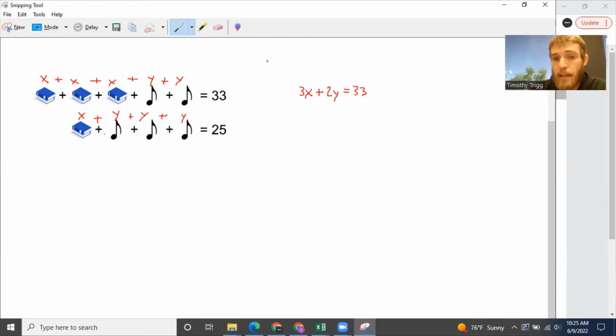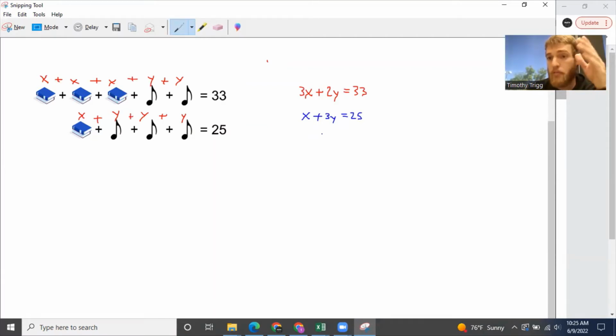Meanwhile, what would the second equation look like? Well, hopefully you could see that that would be a single x plus 3y equals 25. Now, how are we going to use substitution to help us solve this equation? Well, let's think back to our previous example.